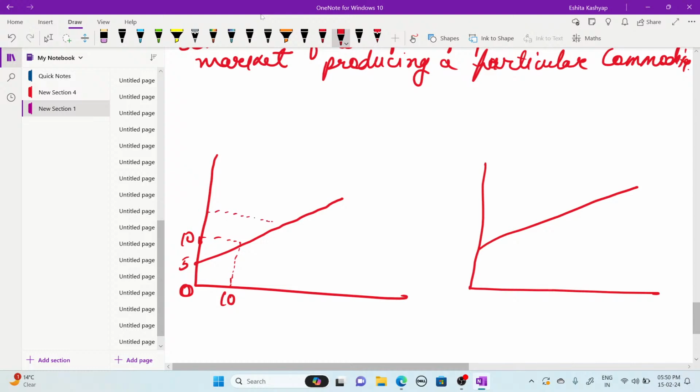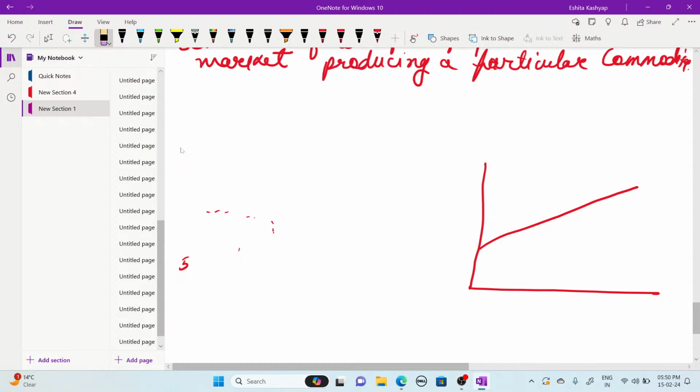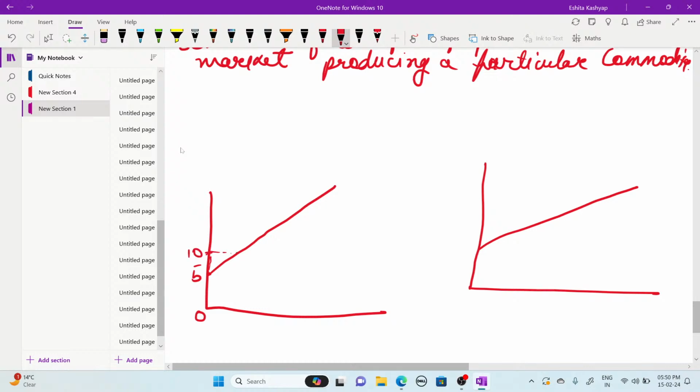This curve I did not draw well, so just wait, let me tilt it. Okay, now this is right. At price 5, no output, producers are not willing to sell. As we go up, at price 10, producers are willing to sell 10 units of goods.